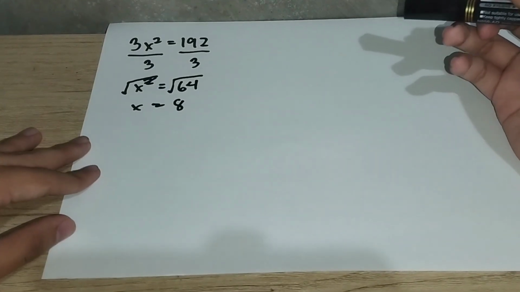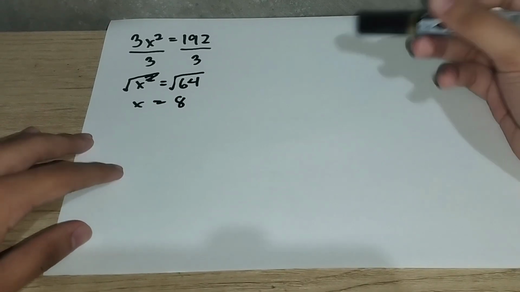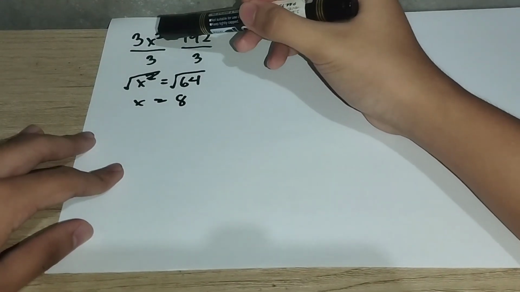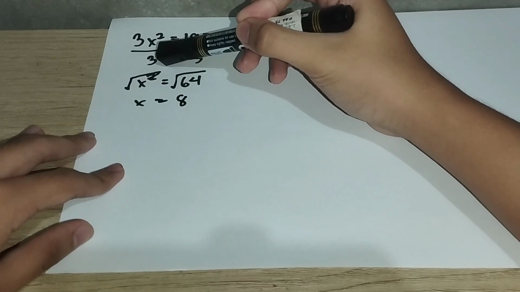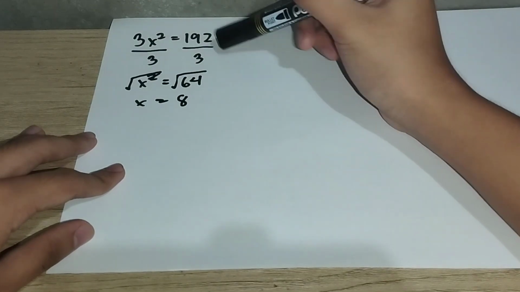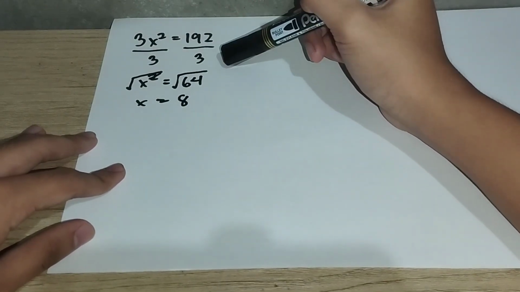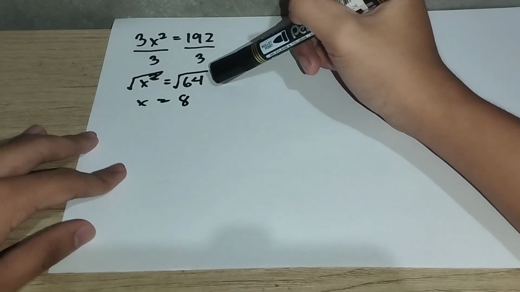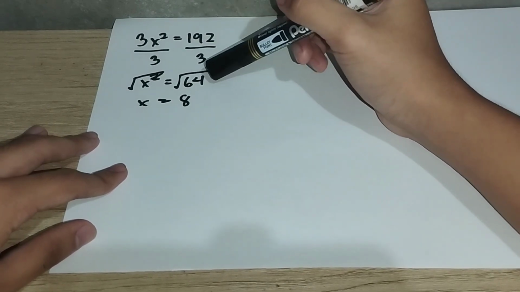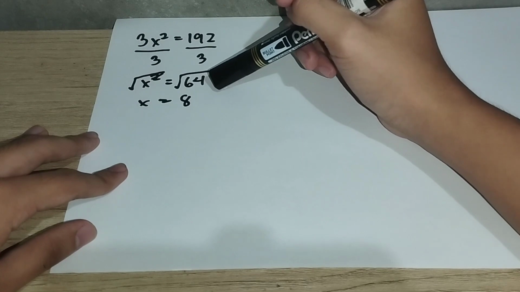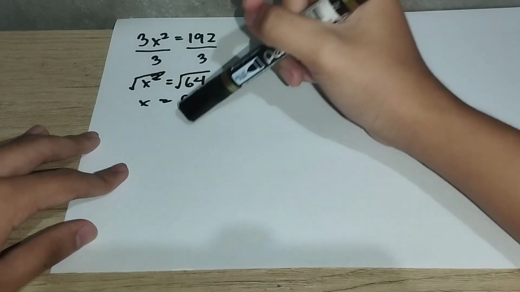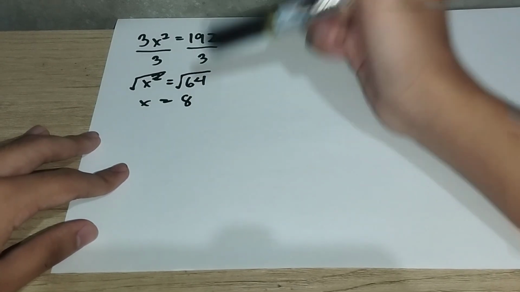After that, let's divide both sides by 3. So 3x squared divided by 3 gives us x squared. Then 192 divided by 3 gives us 64. Let us find the square root of 64 to find x. So x will be equal to 8.